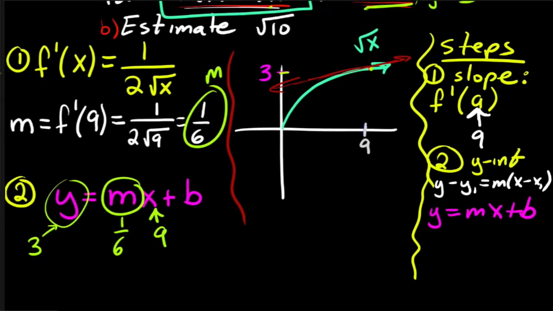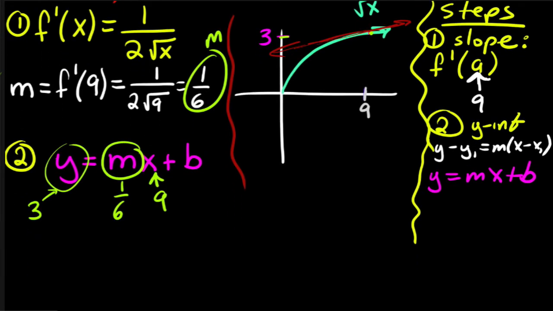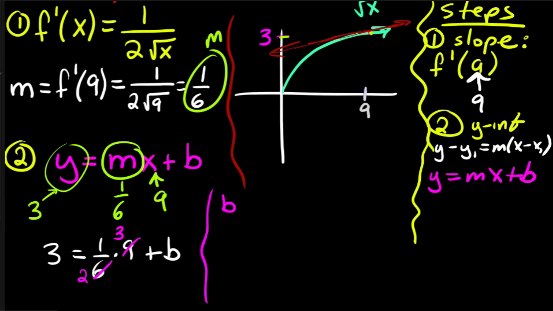So then I have 3 equals 1/6 times 9 plus b. Now 1/6 times 9 simplifies to 3 over 2, so 3 halves. Then b is equal to 3 minus 3 halves, so b is going to have to equal 3/2 itself.